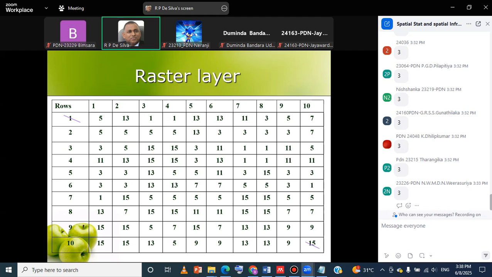Now, what are the options you have? Sorry, I made a mistake by putting this. This starting cell is this one, not this one. Okay, so I'll erase that. So the first cell that you want to put is this one.